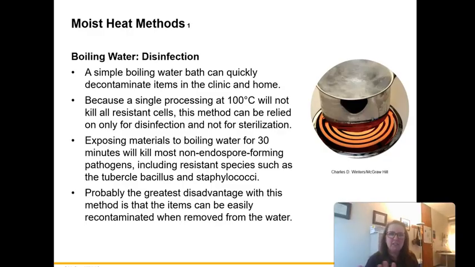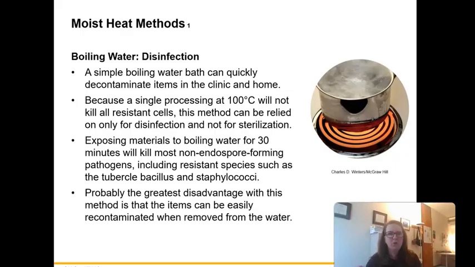All right. So a little more information about boiling. Boiling water, yes, can disinfect. Okay, so it's going to quickly decontaminate items in the clinic and at home. So you might have been in the generation where your parents had to boil your baby bottles, and the nipples on those baby bottles, to ensure that they were free of microorganisms.